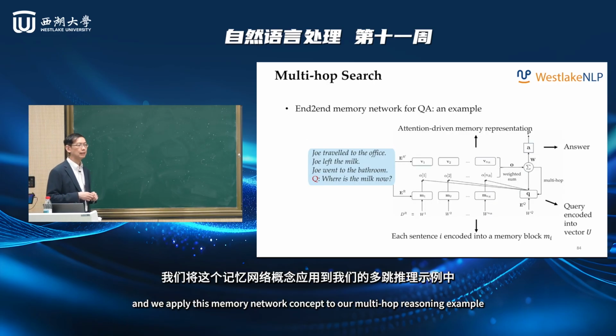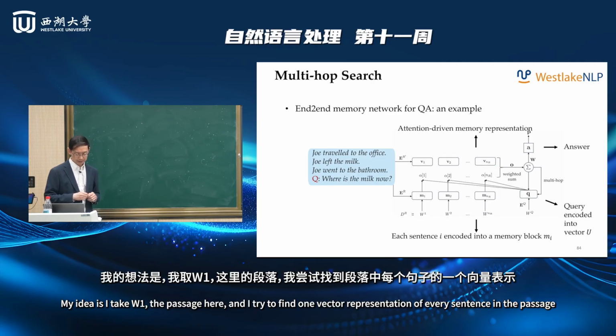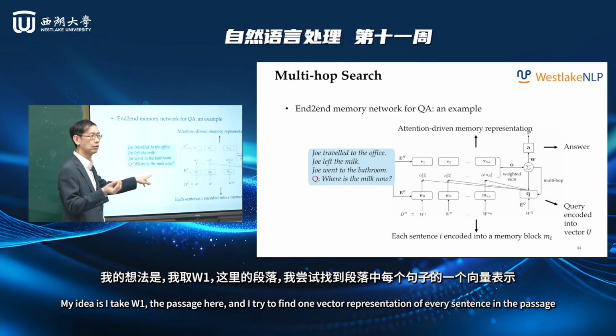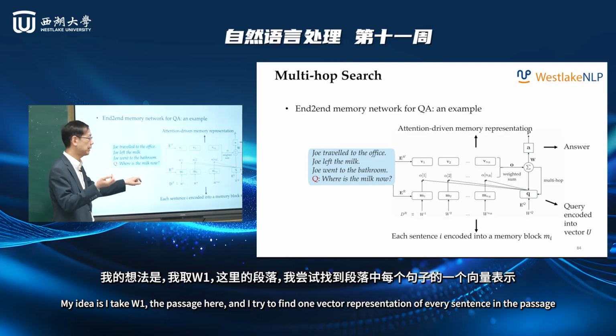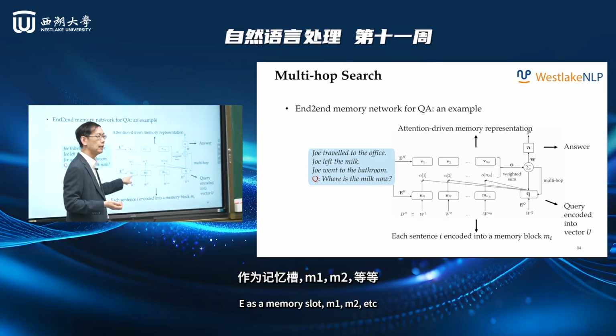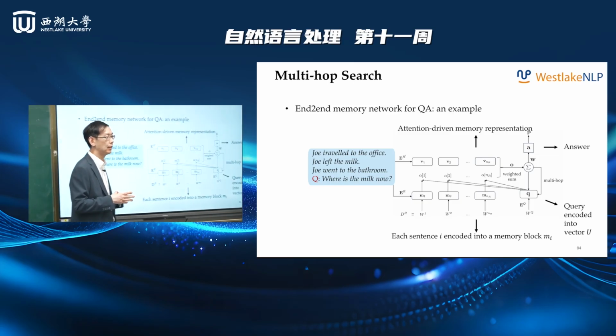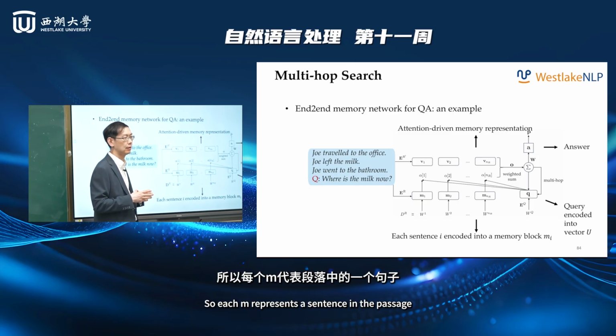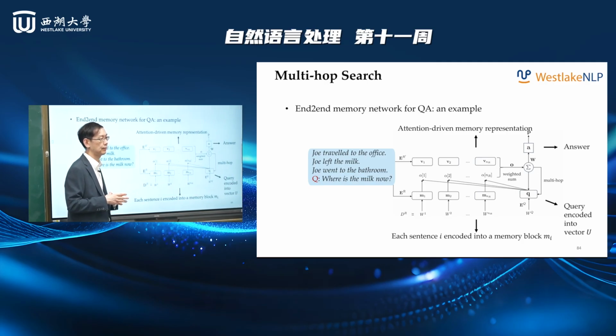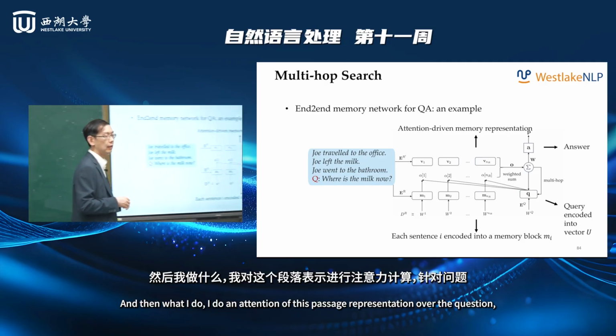And we apply this memory network concept to our multi-hop reasoning example. My idea is I take W1, the passage here, and I try to find one vector representation of every sentence in the passage as a memory slot, M1, M2, etc. So each M represents a sentence in the passage. And then what do I do?